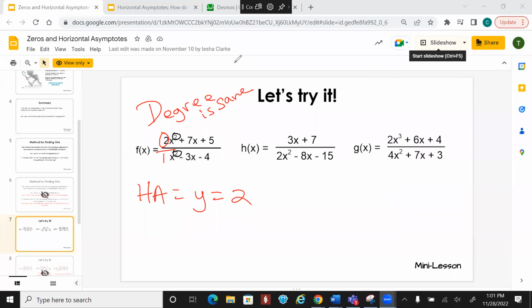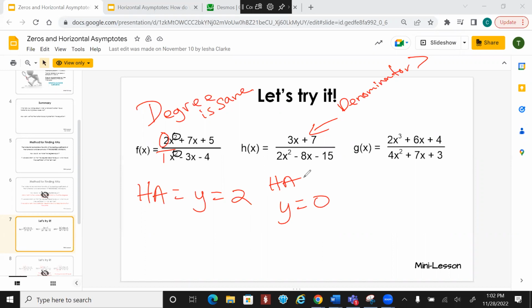Now, here's another instance. The second one, the degrees are not the same, right? In this case, the denominator is bigger. The denominator is larger. So that means that y is going to equal 0 for our horizontal asymptote forever and always.